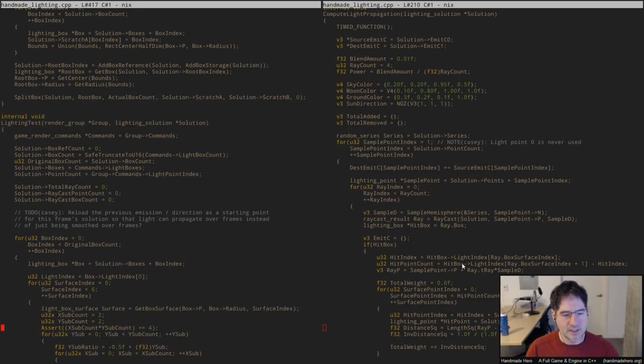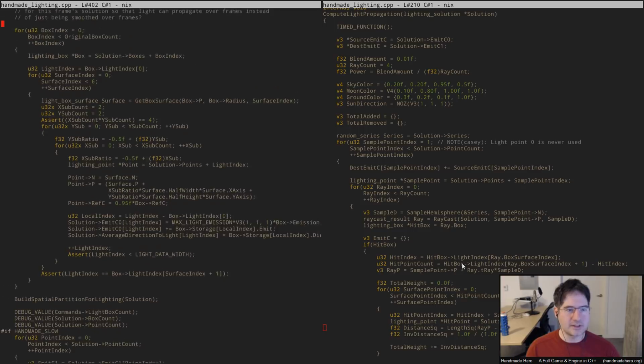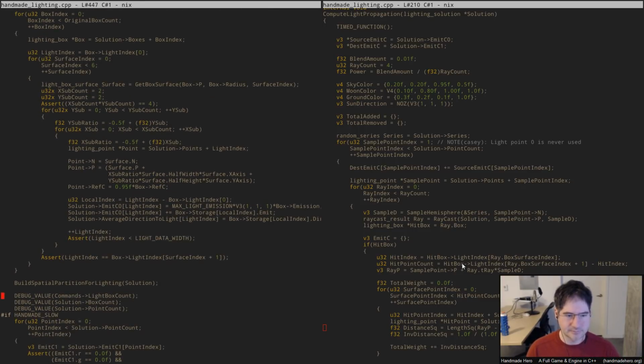Okay. So let's take a look at how we're doing this here. So inside, when we open up our lighting test here, what we've got is our emit C0 and our emit C1 values.